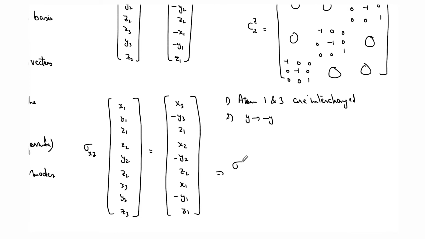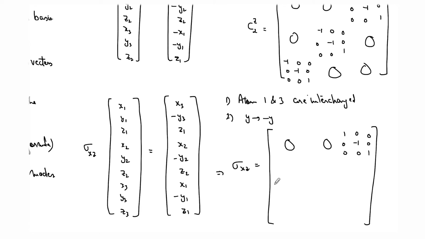So this will give me sigma xz as, let us try to write down again. So again, atoms 1 and 3 are replaced, so I will write one block over here. So these two blocks will be 0 and I will have 1, minus 1, 1, 0, 0, 0, 0, 0, 0, right? x2 remains at its own position, so I will have 1, minus 1, 1, so 0, 0, 0.